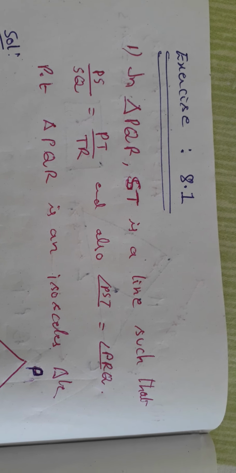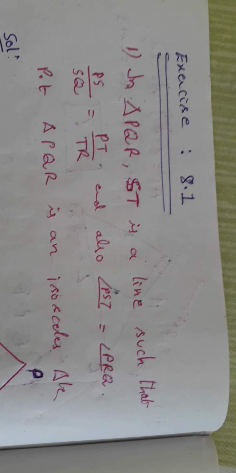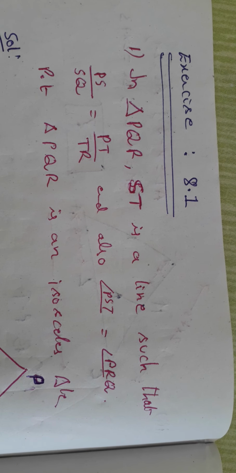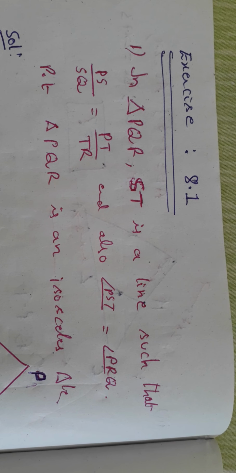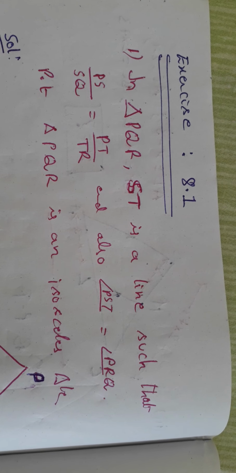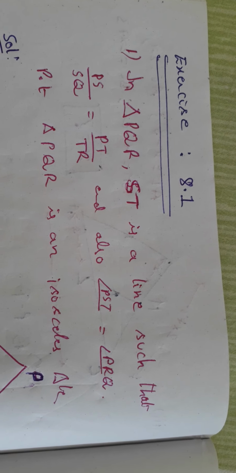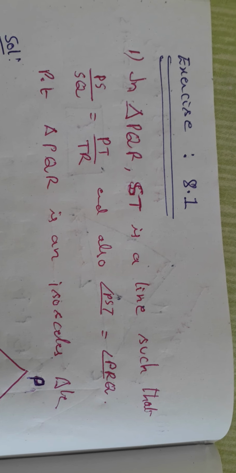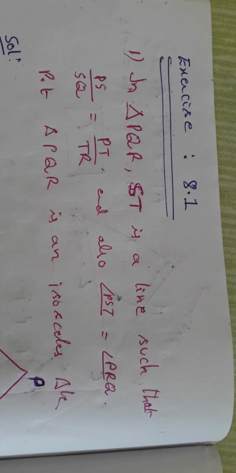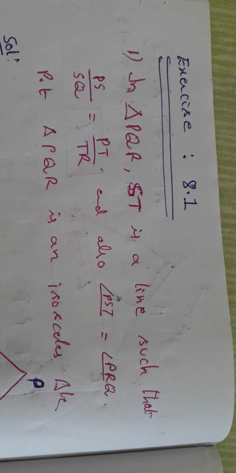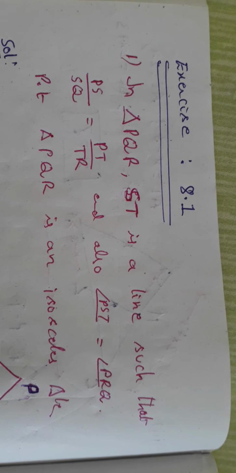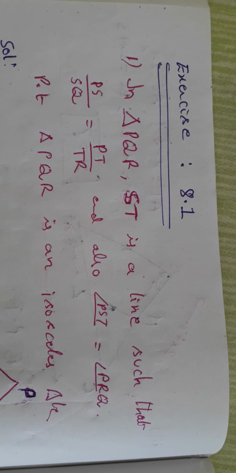Please remember one thing: similar triangles is such a topic that any triangle can be given to you, and in any form the question can be framed using the theorems and the knowledge you have, depending on properties of triangles and theorems based on similar triangles, and based on lines and angles properties.